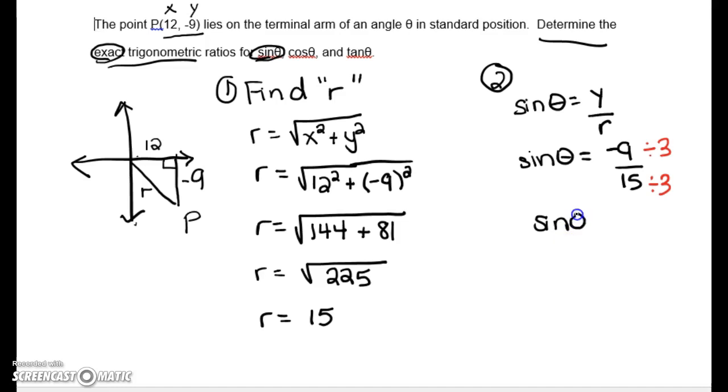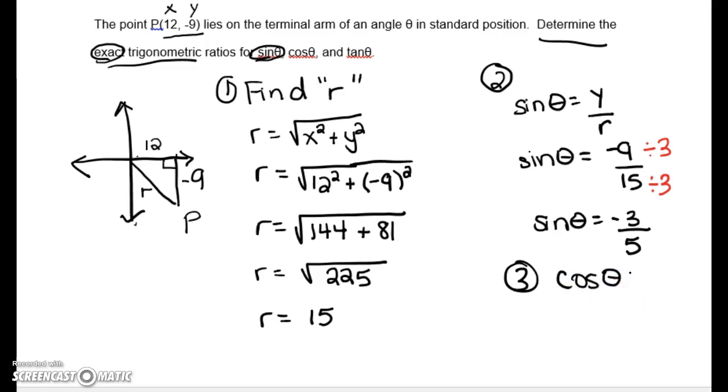So what we would get is sine of theta is equal to -3 over 5. And then with that, we can no longer reduce this fraction, so we would say that this answer here is simplified.